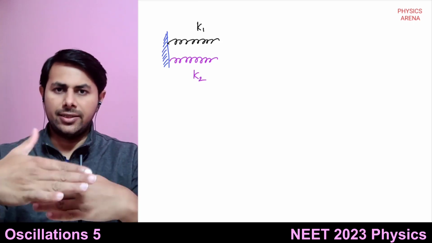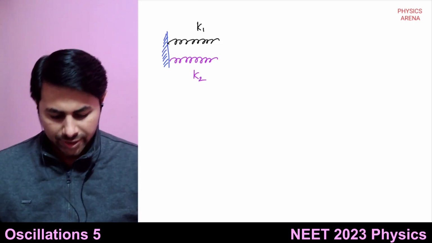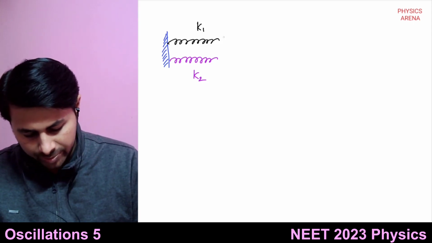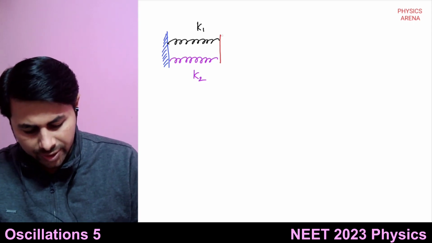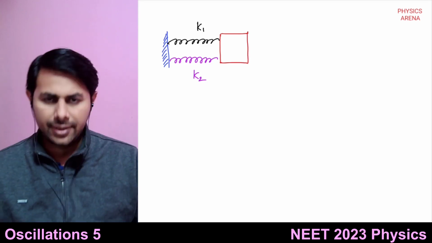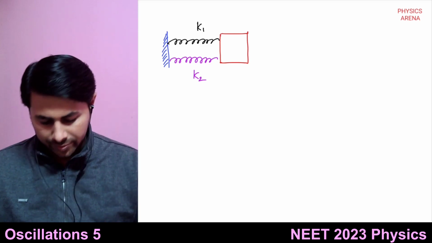So they are connected like this. This is parallel combination, and the other end of both of the springs is connected to this block. Now suppose you pull this block.